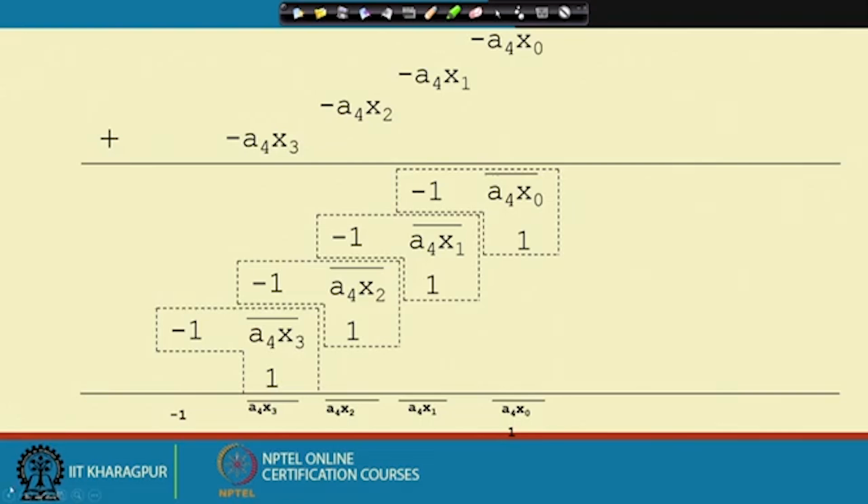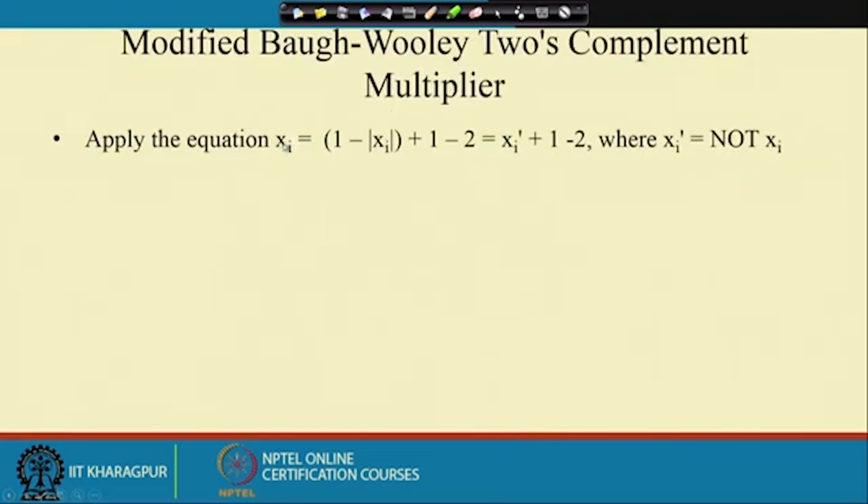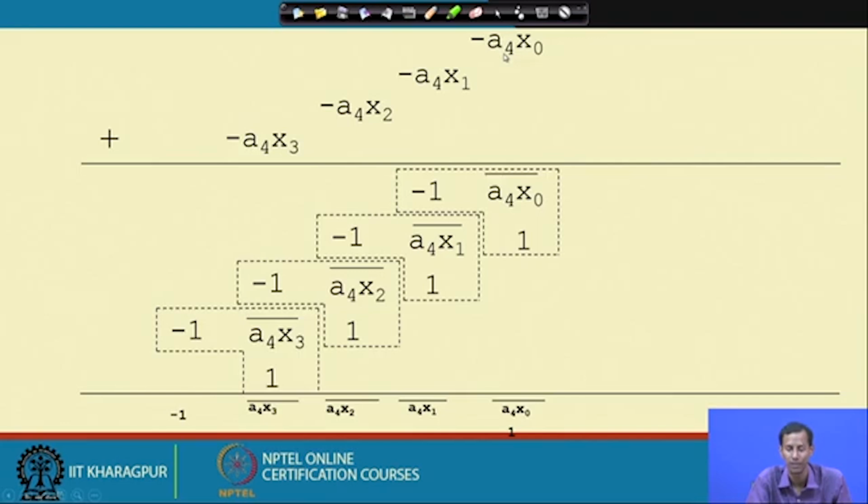Now consider this particular position. If this is a4 x0, then this equation can be written as a4 x0 bar, 1 over here, minus 1 over here.